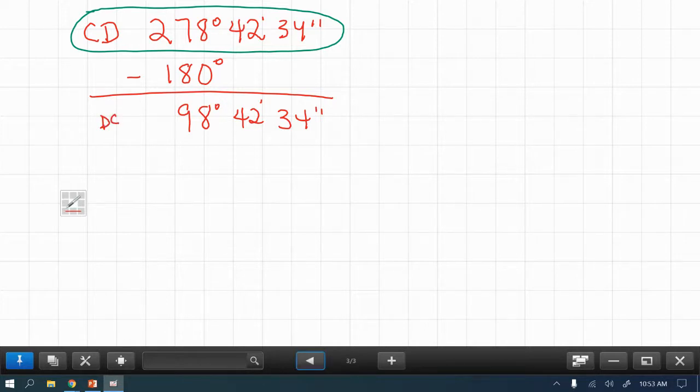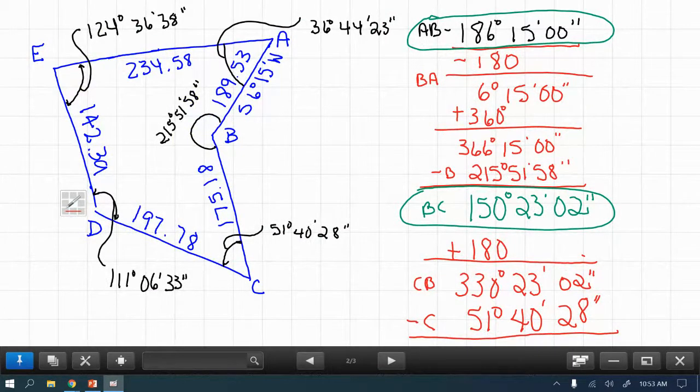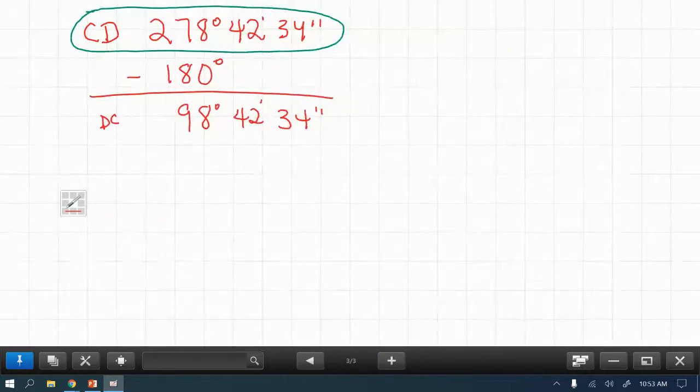So I'm gonna just flip back over here. And now we want to subtract the 111.0633. Aren't we subtracting all of our angles? So can you subtract that? Wait, or yeah, you can, because I guess we can have a negative anyway. Nope, we can't.